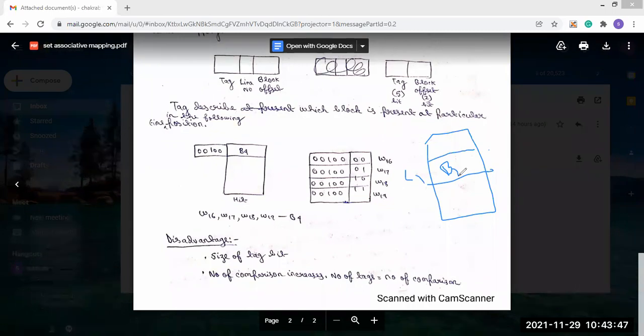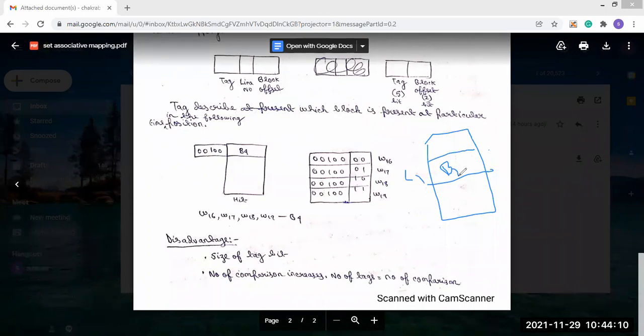So the number of comparisons increases. In direct mapping, the CPU knows that if block B1 is present in L1, then it is okay, but if it is not present in L1, we do not have to check elsewhere, because it cannot be present in line number 2, line number 3, or line number 0.